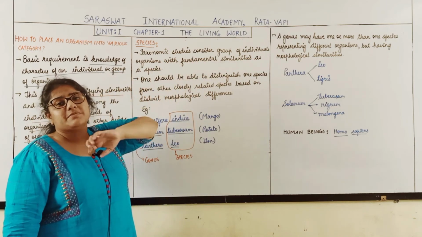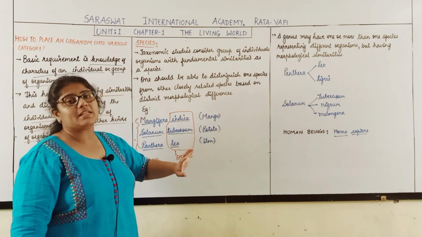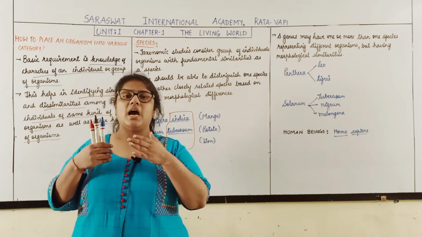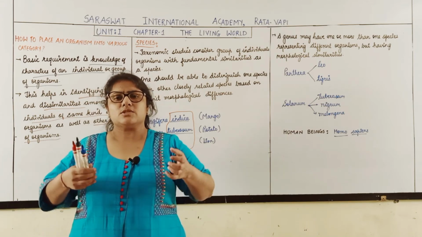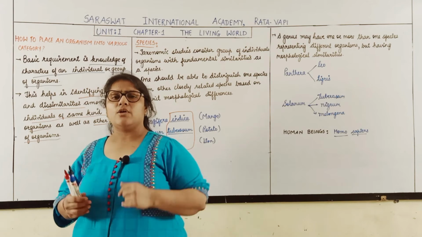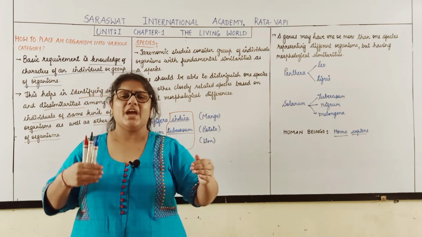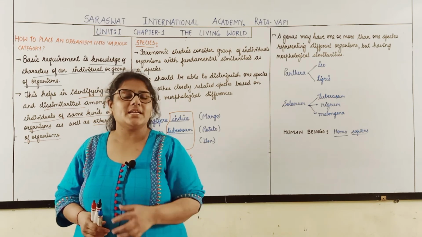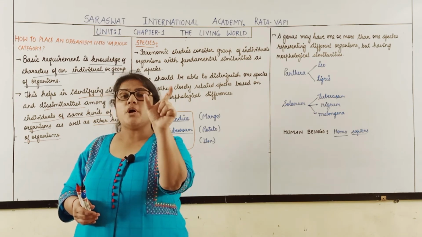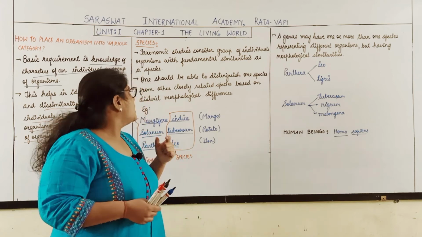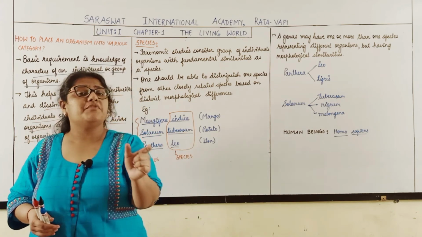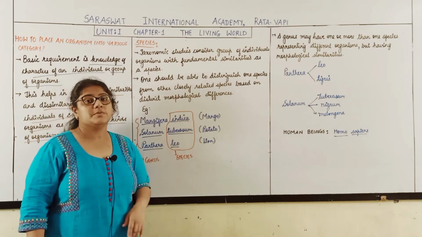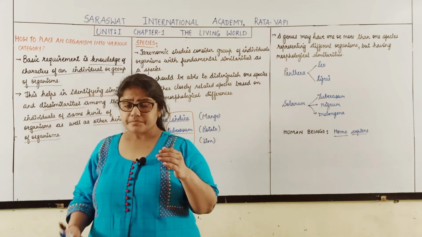Those organisms which have fundamental similarities, say for example human beings: I too have 2 eyes and legs, and you all are also human beings. So we have fundamental similarities in all the characters. This group is considered a species.